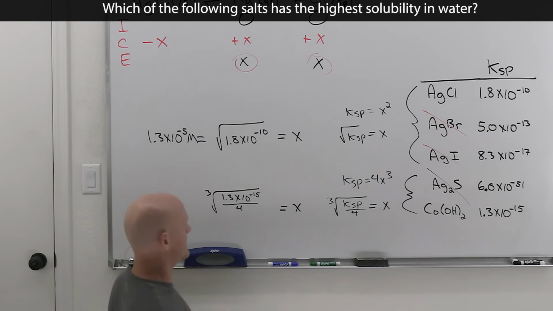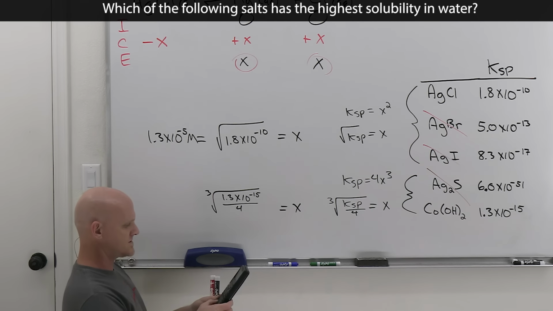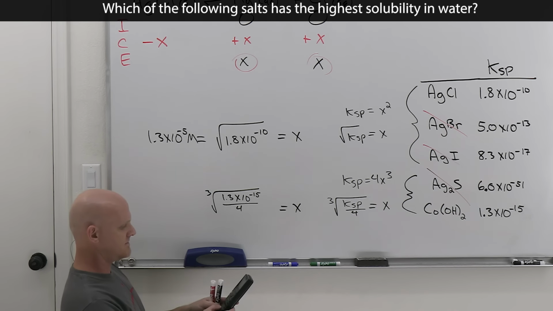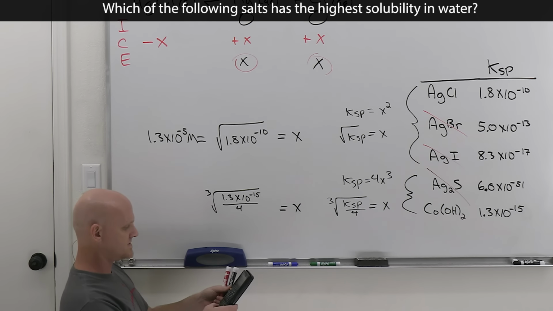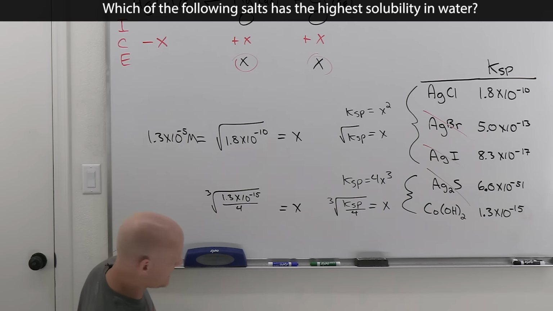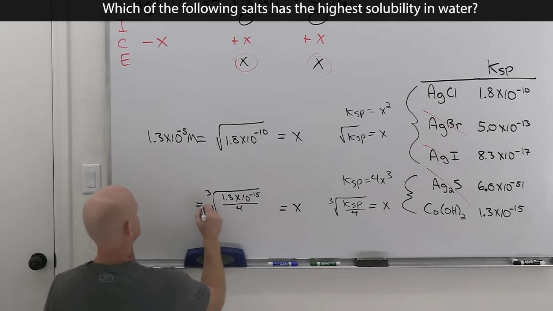Now let's see what that comes out to. All right, so 1.3 e to the negative 15 divided by 4 is 3.25 times 10 to the negative 16, and then raised to the 1/3 power, it's going to be 6.9 times 10 to the negative 6.